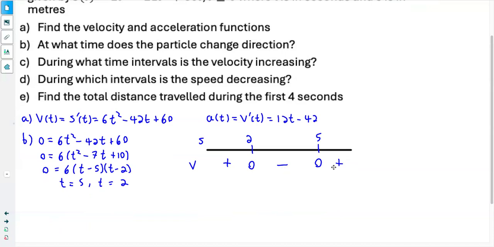Now we need to do this because we could in some cases have our velocity just pause briefly at that time and then continue in the same direction it was going before. So we can say change in direction at t equals 2 and 5.